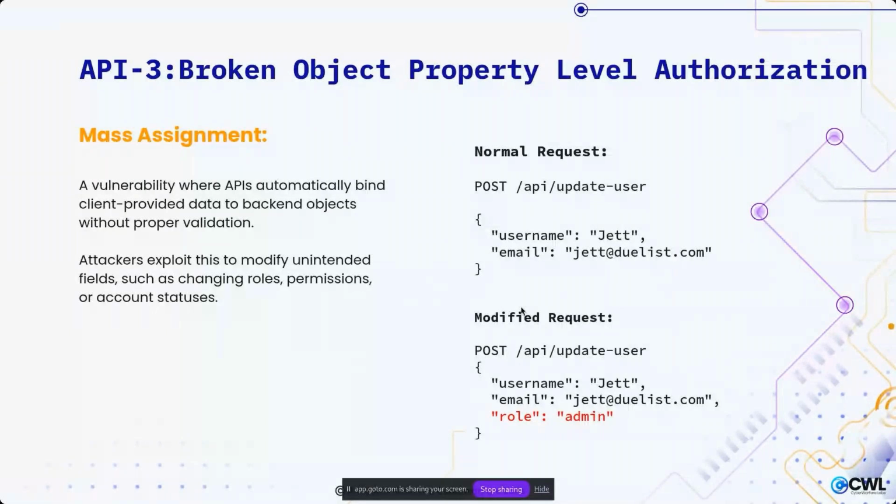So what if we have a normal request, a POST API to update the user, where the username is Jet and the email is jet@duelist.com. Then what if an attacker just puts role admin or role moderator or anything, and the server, without any proper validation, just processes it, and now Jet is an admin of the server.